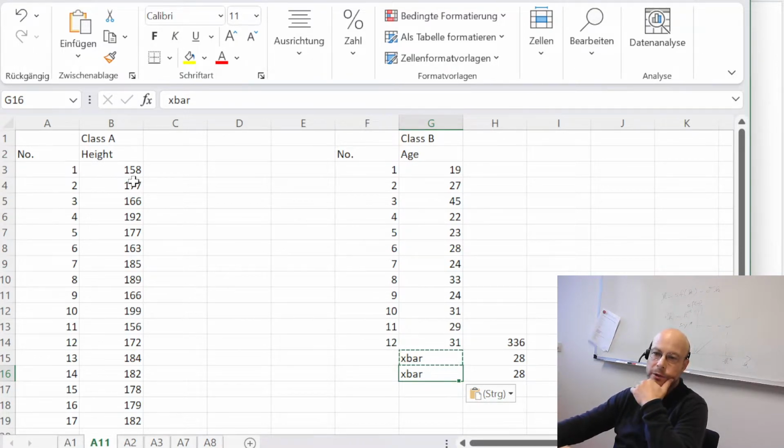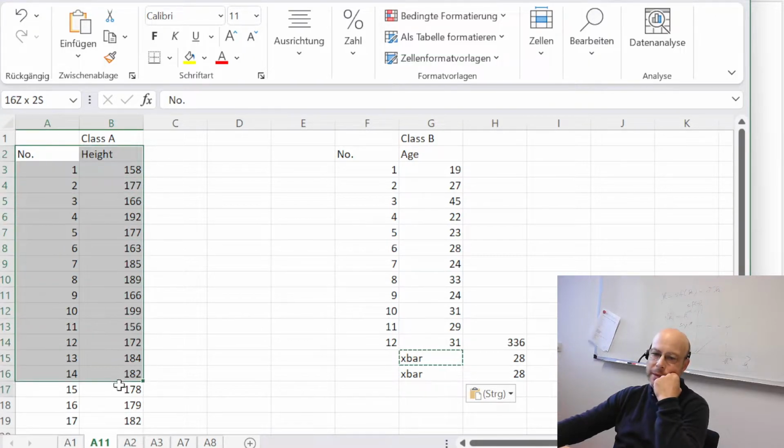Well, we can do it, of course, by hand, and then we look it up. I think here 156 centimeters is the smallest person, then 158, and so on. But this will take some time.